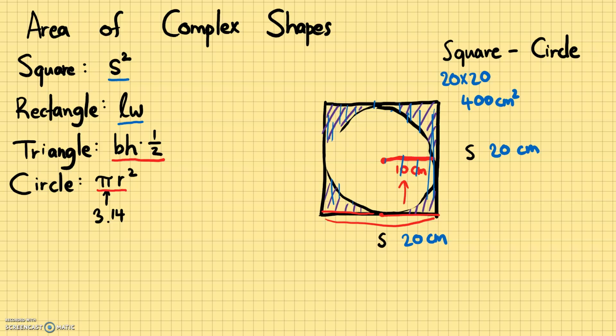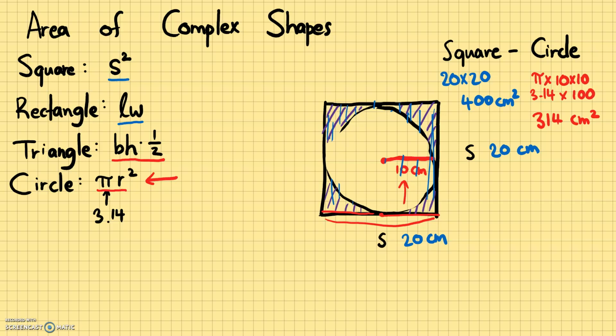And what's the area of the circle? The area of the circle is right here. It's going to be pi times r squared. So that's going to be pi times 10 times 10. That's going to be 3.14 times 100, which is 314. You just move the decimal point 2 times, centimeter squared.